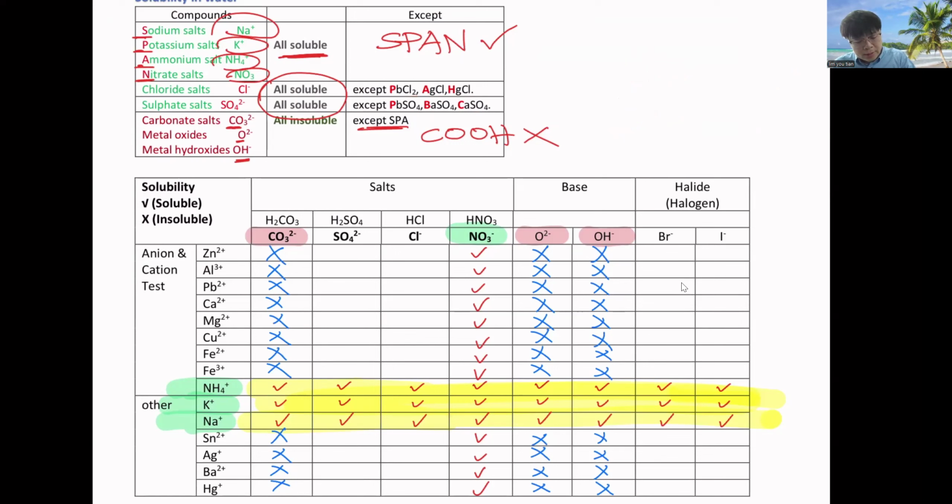So how do you remember this? I believe your school teacher also taught you. Pb, Ag and Hg, right, is Persatuan Agama Hindu. Then for the sulfate, who is not soluble? Persatuan Bahasa Cina.